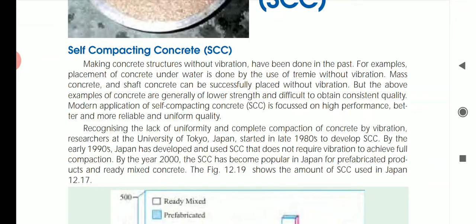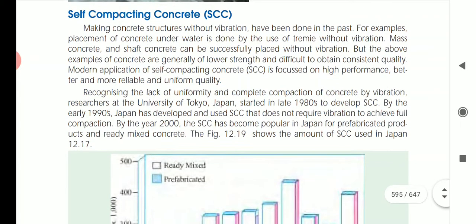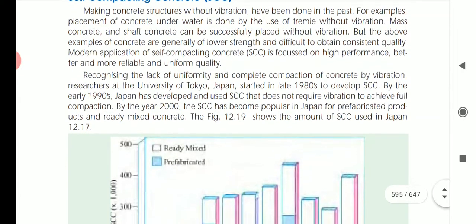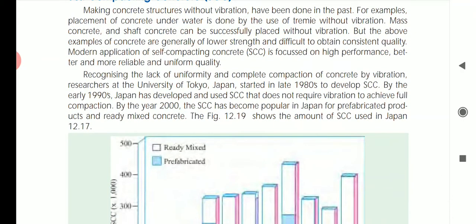Modern application of self-compacting concrete is focused on high performance, better and reliable and uniform quality. In olden days, they did some of the underwater works without vibrating or compacting, but they were not achieving the proper strength. But the modern technology has used the self-compacting concrete, which will achieve the same strength as the normal concrete.